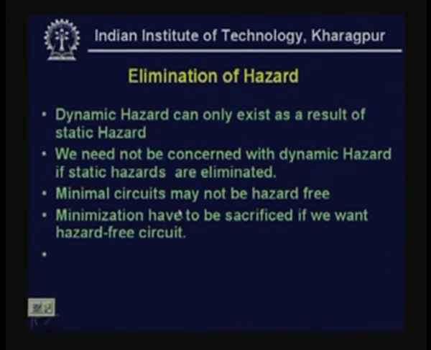Now if we summarize the hazard covers by K map, then what we get is that the minimal circuits may not be hazard free, as the example we have taken, and the minimization has to be sacrificed if we want hazard free circuits.